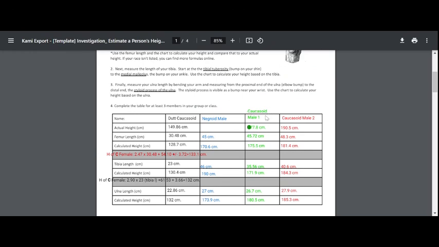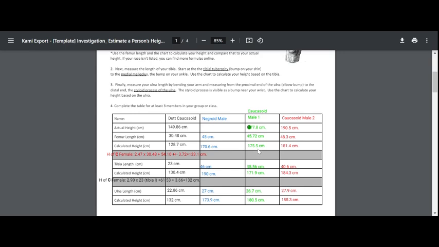So for the third student, we have a male Caucasoid 1, and his actual height is 177.8 centimeters. Okay, his femur length is 45.72 centimeters, and his calculated height is 175.5 centimeters.